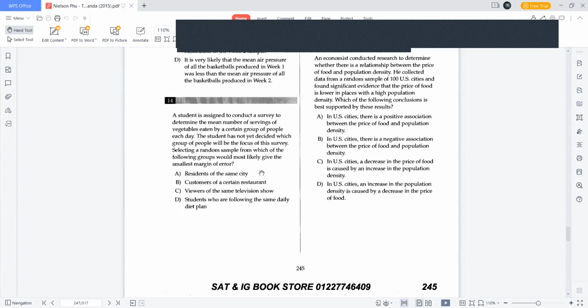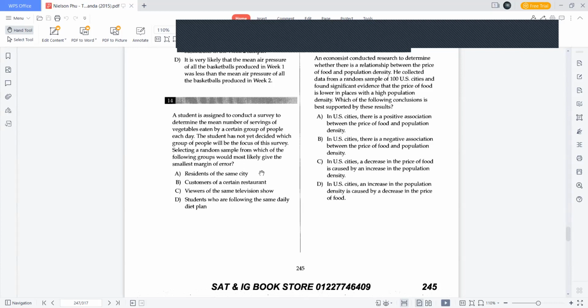Choice C, it's the largest sample size. Choice C, the largest sample. For example, a city is around 2,000 people, somewhere around. Certain restaurant that's around 100 is that much.